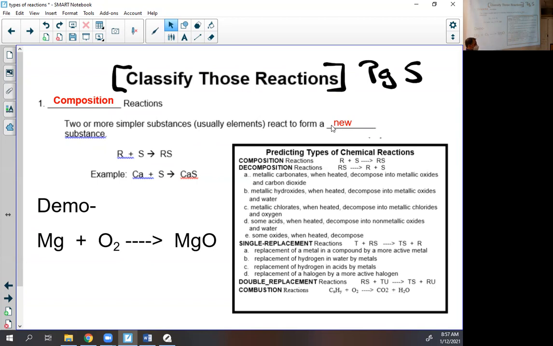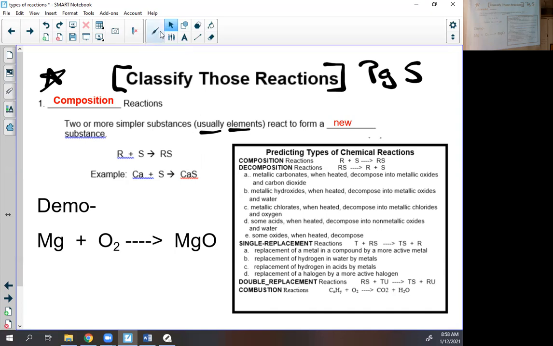The first type of reaction we're going to learn about is a combustion reaction. Sorry, no, a composition reaction, my fault. That's when 2 or more simple substances, usually elements, react to form a new substance. These are all matching terms. Every one of them are matching terms.